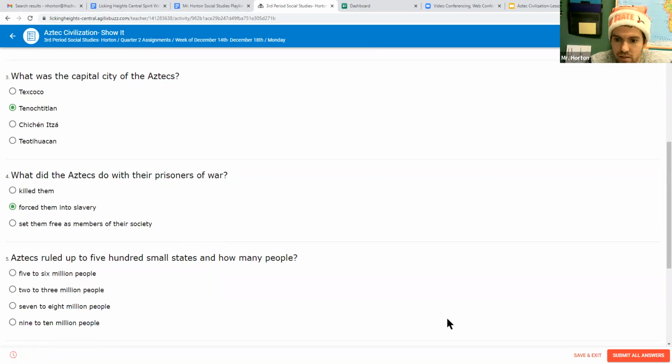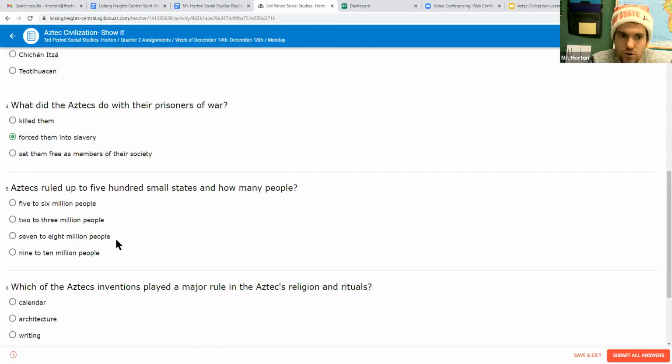All righty. Number five, it says the Aztecs ruled up to 500 small states and how many people? At the very height of their civilization, how many people were a part of the Aztec civilization? How many people total? Okay, let's see. What do you think? 2 to 3 million people.